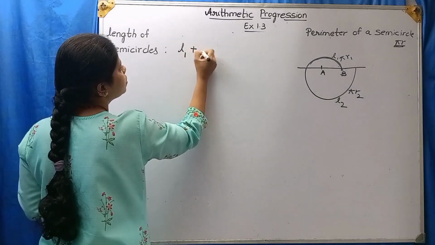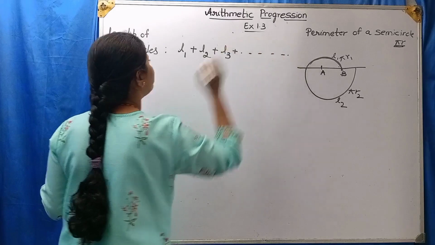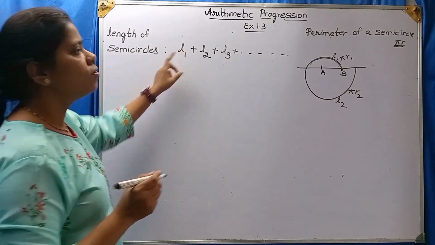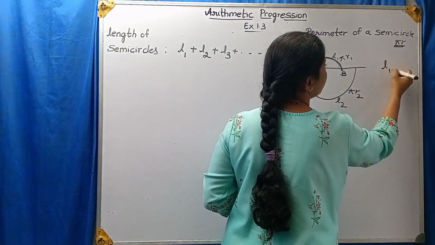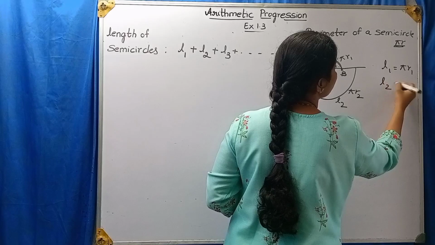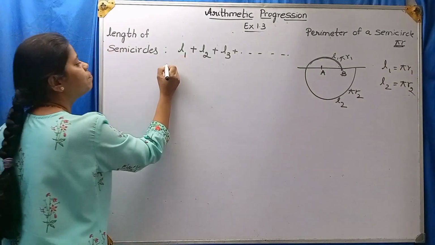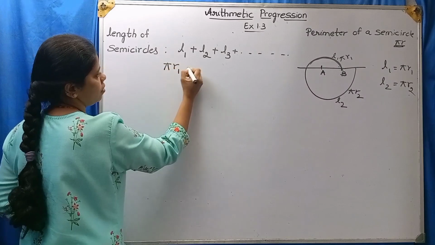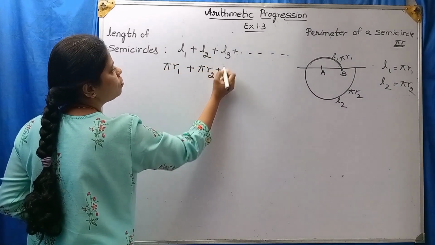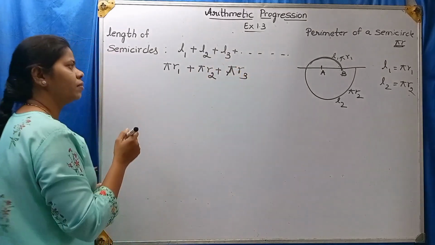Given by L1 plus L2 plus L3 and so on. We know the formula. L1 is equal to pi into R1, right? L2 is equal to pi into R2. L1 is pi into R1 plus L2 is pi into R2 plus L3 is pi into R3.